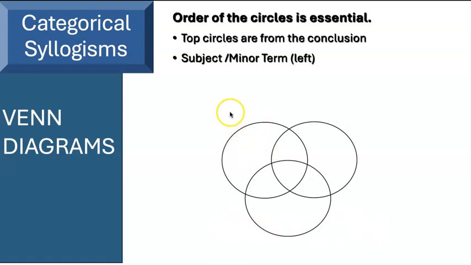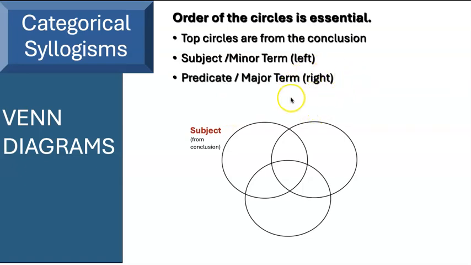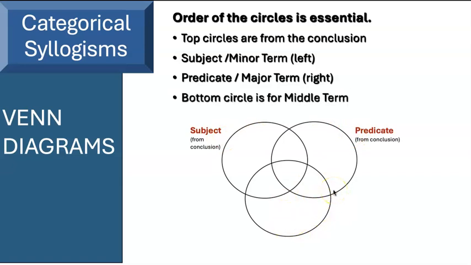On the right is the predicate term from the conclusion, our major term. The bottom circle is our middle term. So the order is essential.